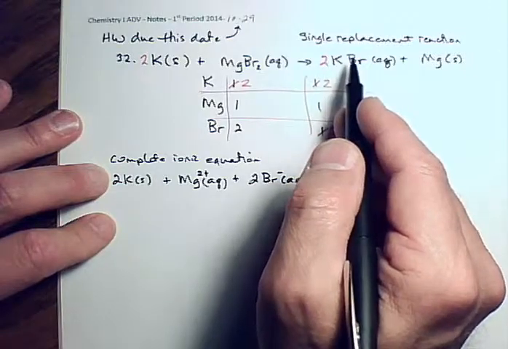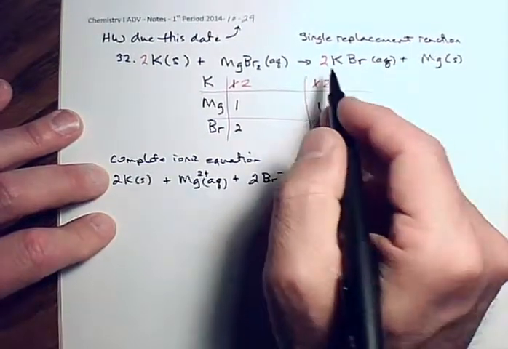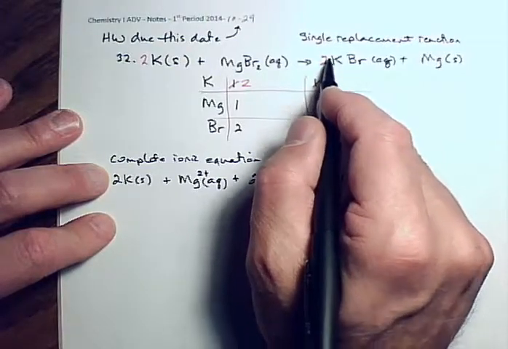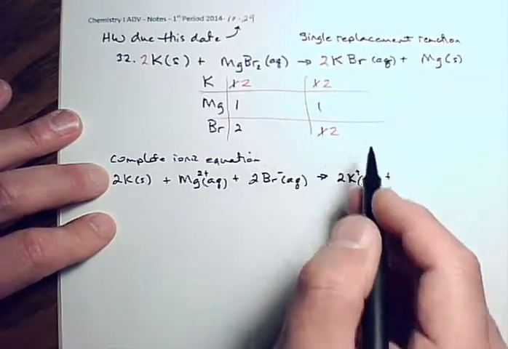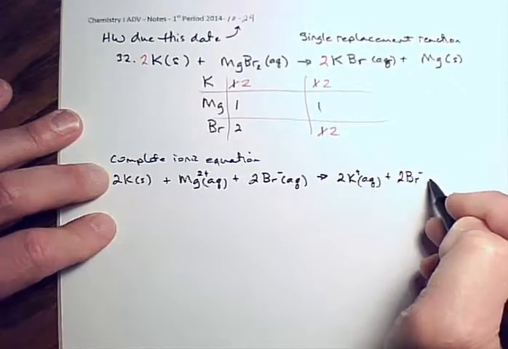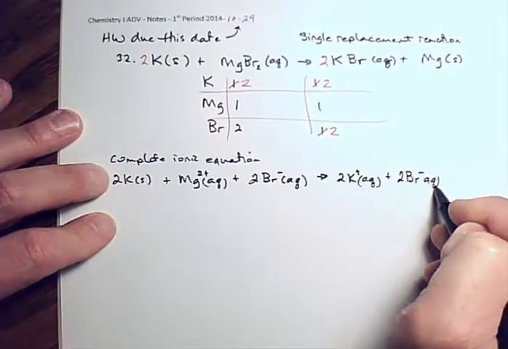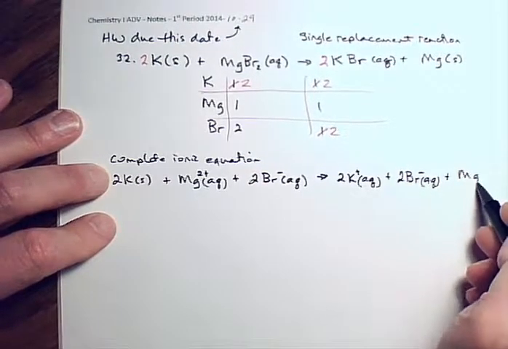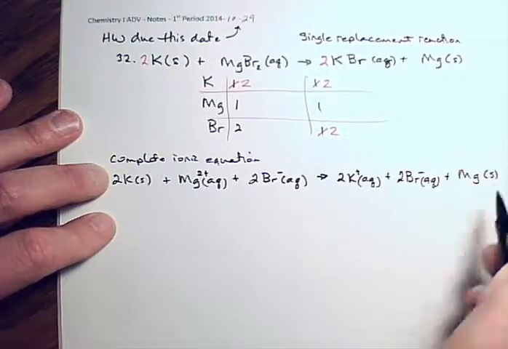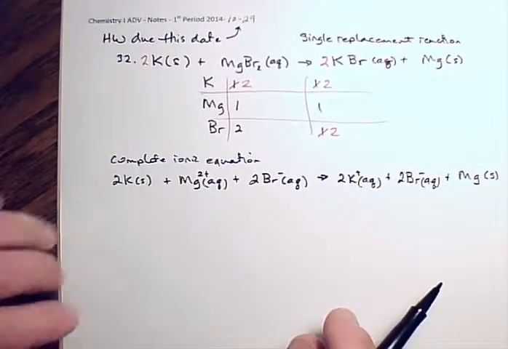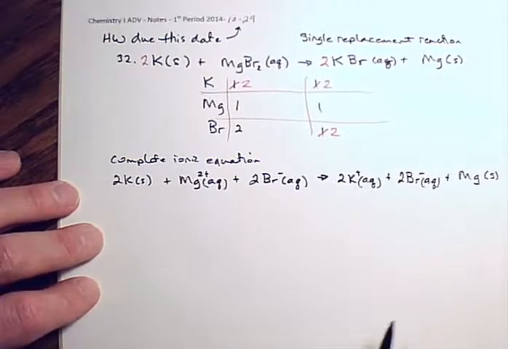It gained 1 electron to get a negative charge. And there are 2 of those because of this 2 here. This coefficient 2 means we multiply everything here by 2. Okay? So 2 bromines. And then magnesium doesn't get broken up, doesn't have a charge because it didn't come from an ionic or acidic compound. So that's a complete ionic equation.